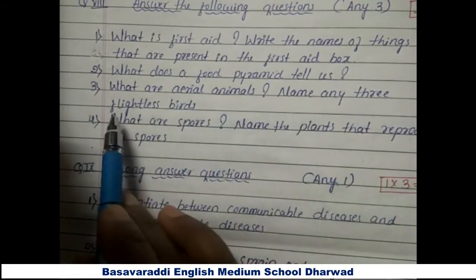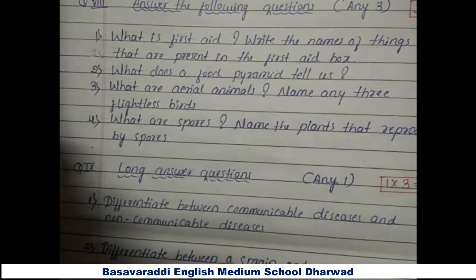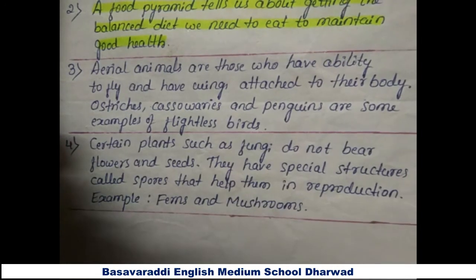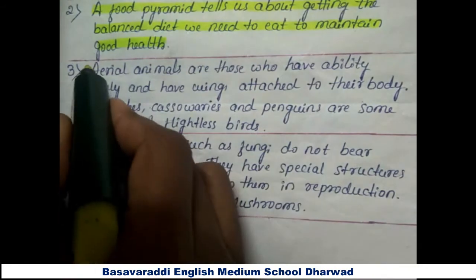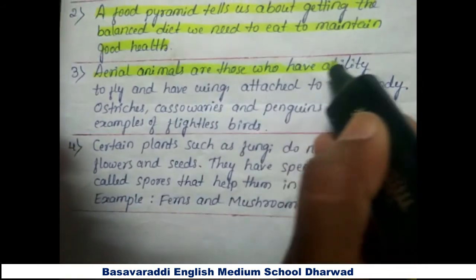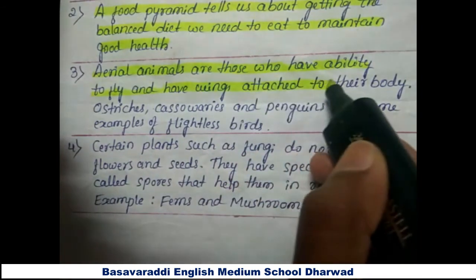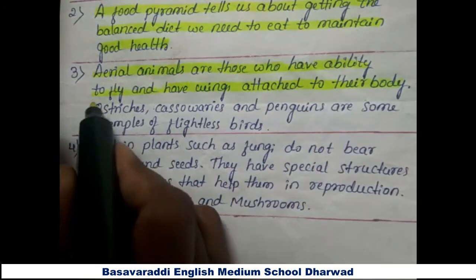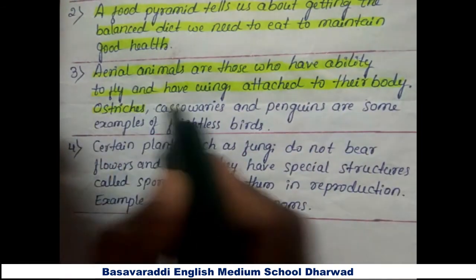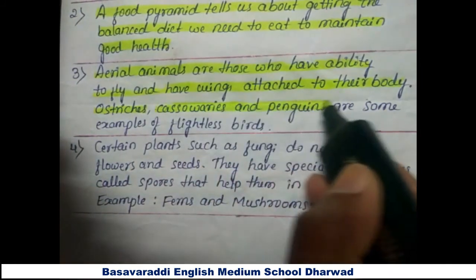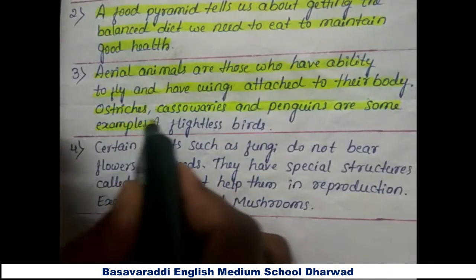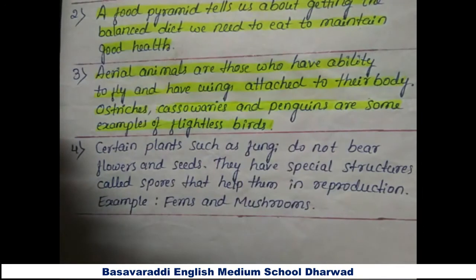Name any three flightless birds. Answer. Aerial animals are those who have the ability to fly and have wings attached to their body. For example, ostrich, cassowaries and penguins are some examples of flightless birds.